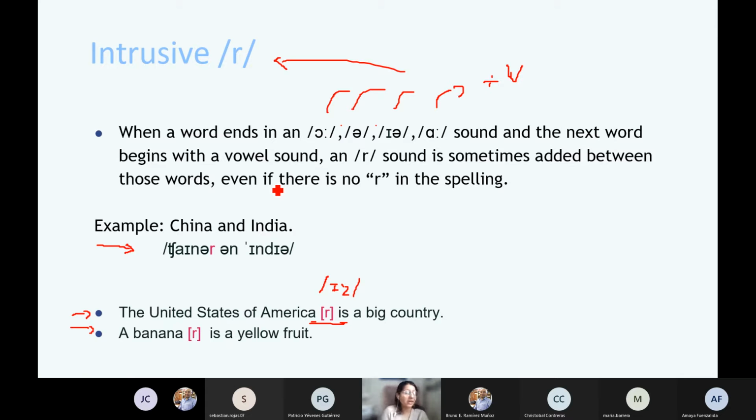The same thing happens with banana is, and China and India. So you can all try to pronounce again, trying to remember that it is easier if you link them. Banana is a yellow fruit, the United States of America is a big country, and China and India.